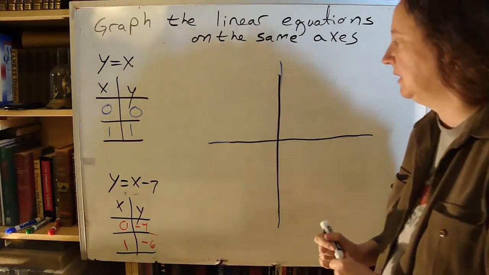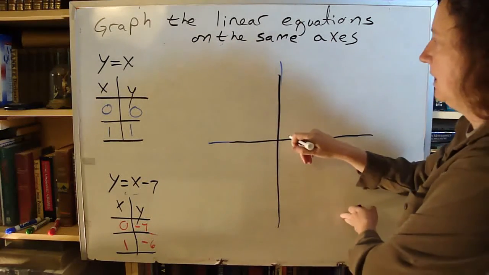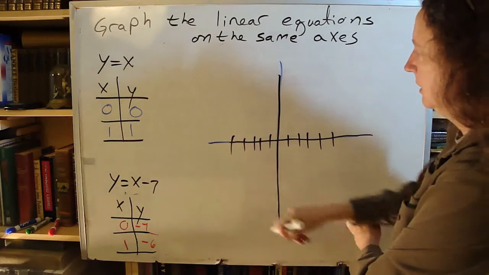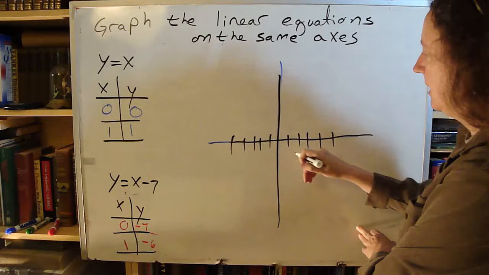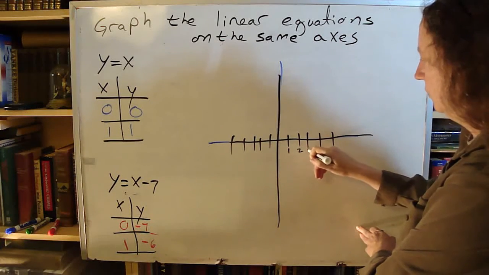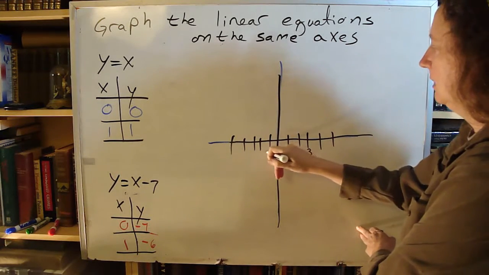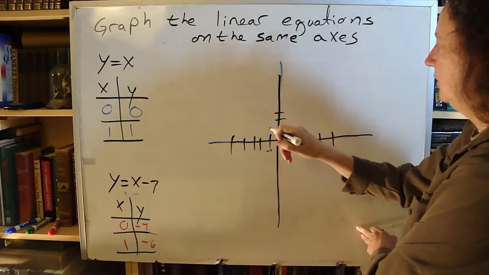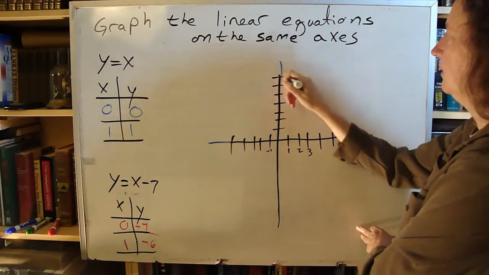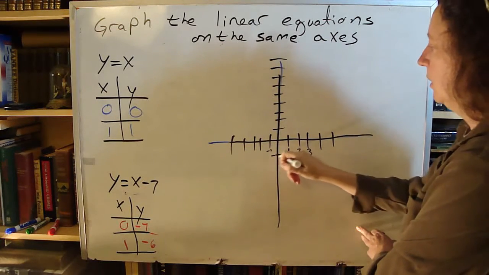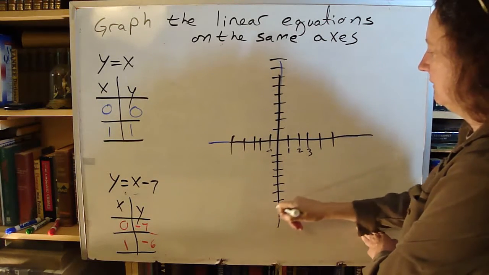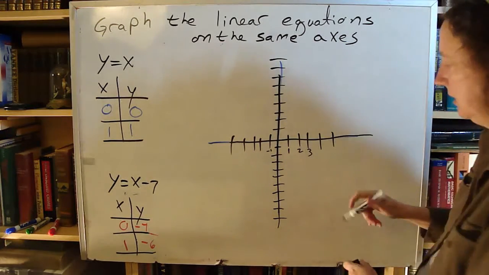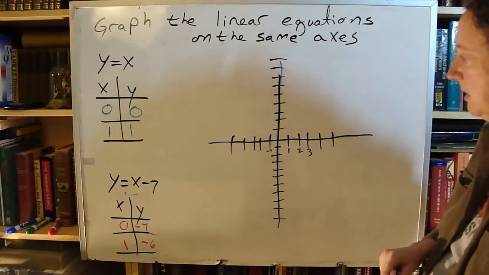Now you should be able to see it. So I need to count out some spaces. I'm only going to count out 5 on my x's: 1, 2, 3, etc., negative 1, negative 2, etc. Going on my y's, 1, 2, 3, 4, 5, 6, 7, 8, 9, and 1, 2, 3, 4, 5, 6, 7, 8, 9. I put a little too much space in there, almost like I skipped a number.